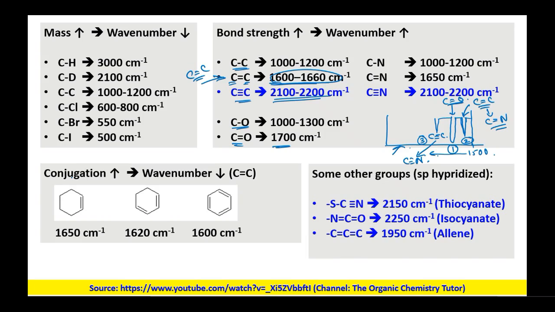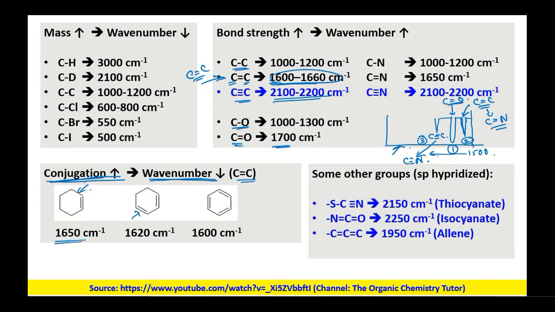Now the next thing is that when you increase the conjugation, there is a decrease in the wave number. Let us take the example of C double bond C. In cyclohexane, if we include one double bond, then we get this peak at 1650 for cyclohexene.